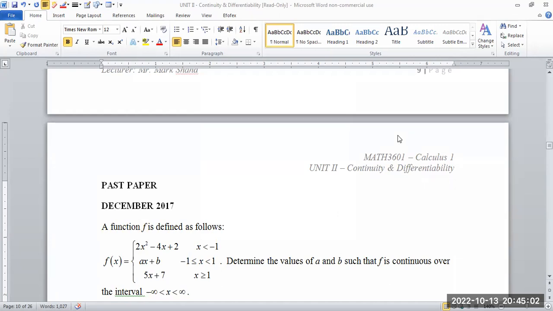Well, ax plus b must equal... Work it, sir. Work it.